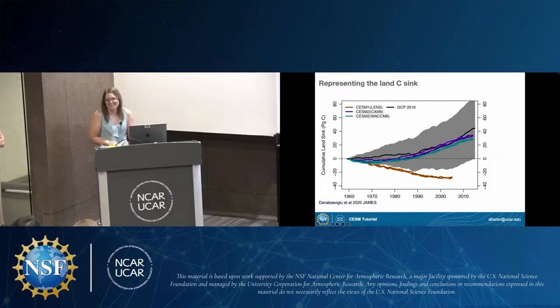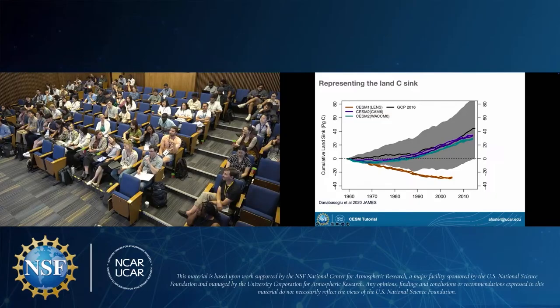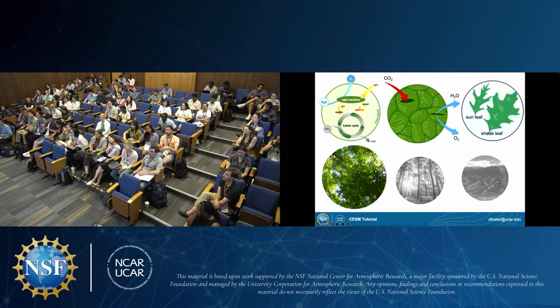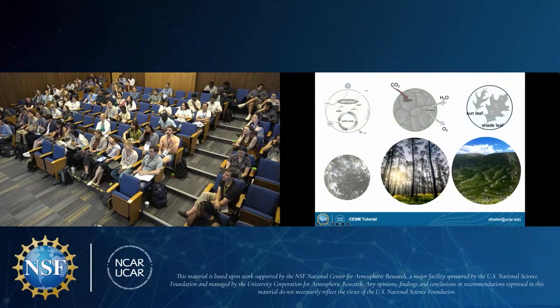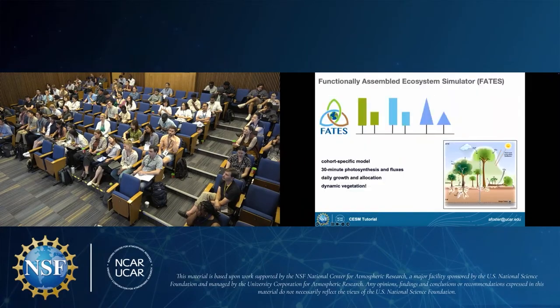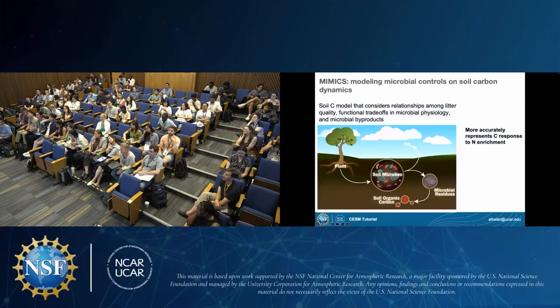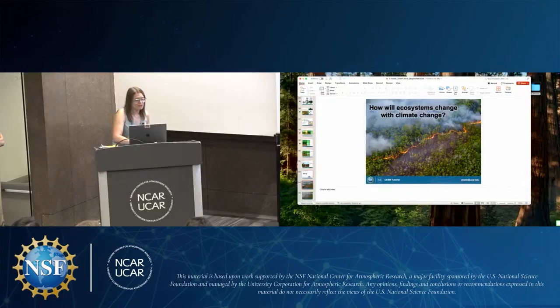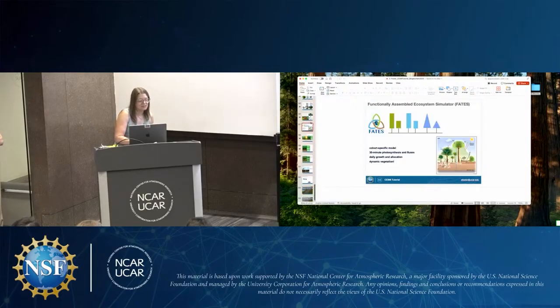Okay. And then I have one clarification question. When you were talking about the PFTs and the crops, they all have their own column? So is there no competition for nutrients and water? No, there is. For crops? No, for the natural PFTs.